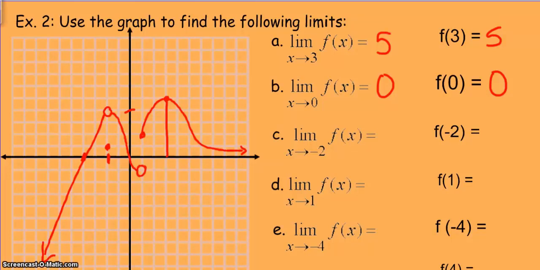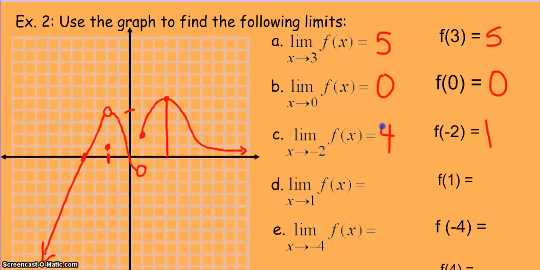Our y value approaching negative 2 is going to be 4. That means our limit exists. Except at negative 2, we have a hole in the function, so we have to look at the point that we have, and our y value is just 1. So our function is not continuous here, but the limit does exist.